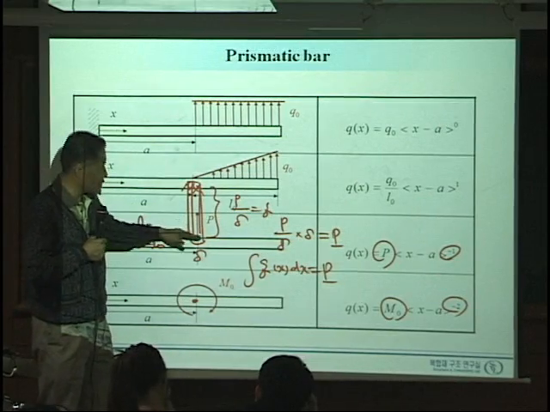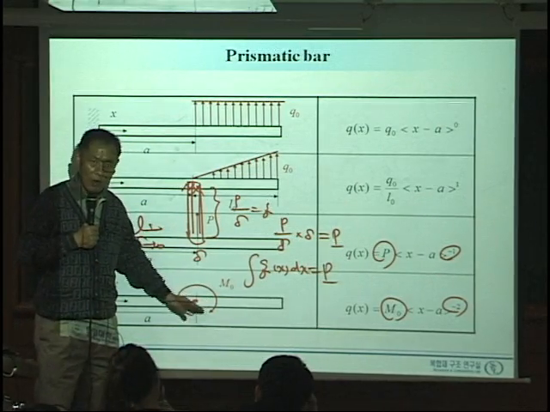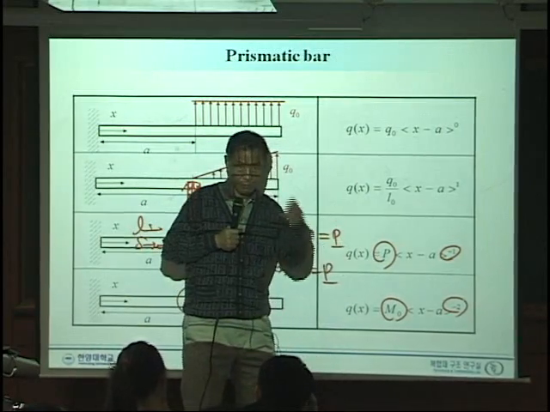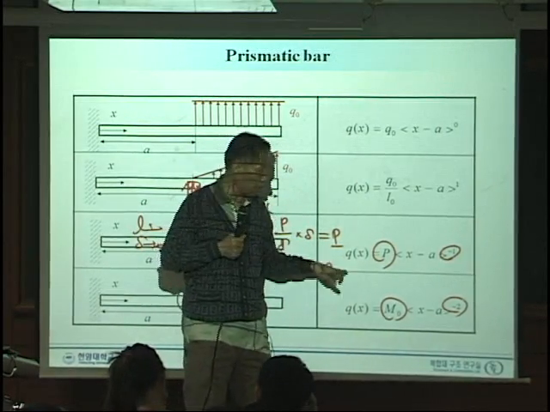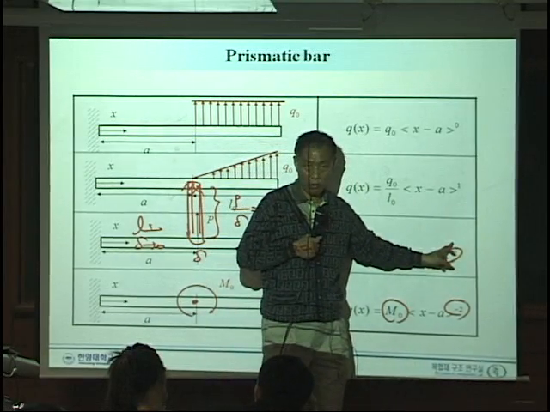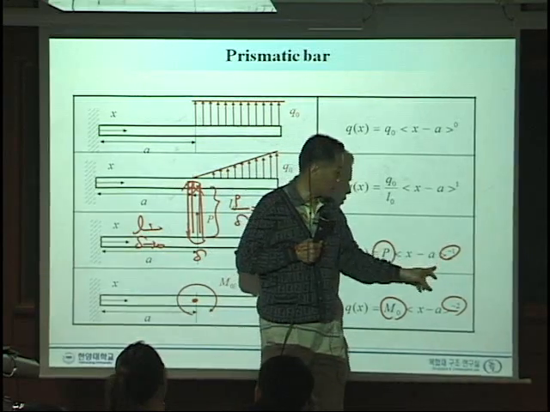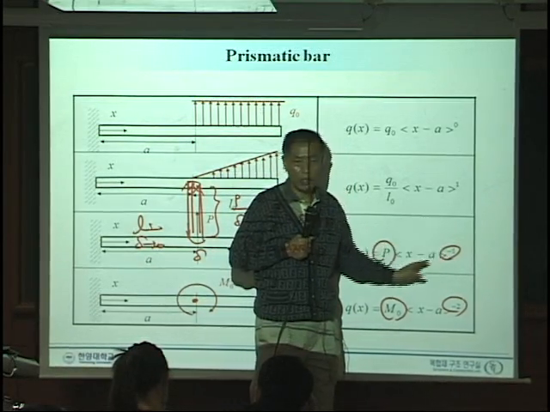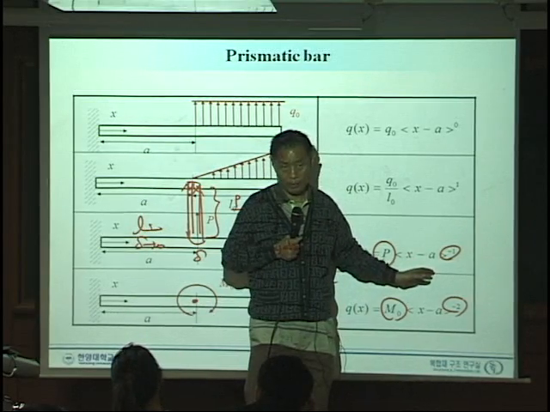express this concentrated force and concentrated moment. You just use this one, and then when you integrate, remember we have to integrate them. We integrate the P, x minus a to the 0 power, and then integrate one more time, and from that time on, we just divide by n plus 1.